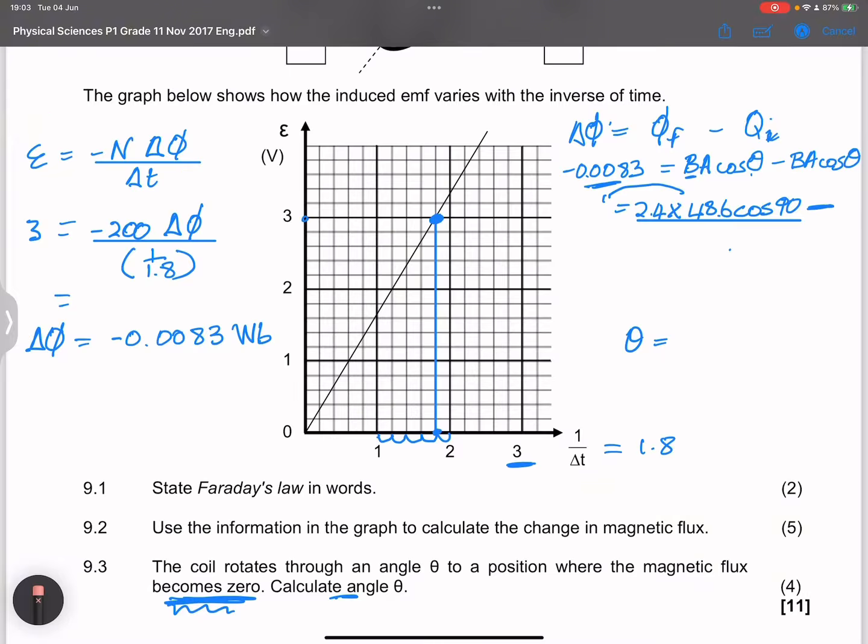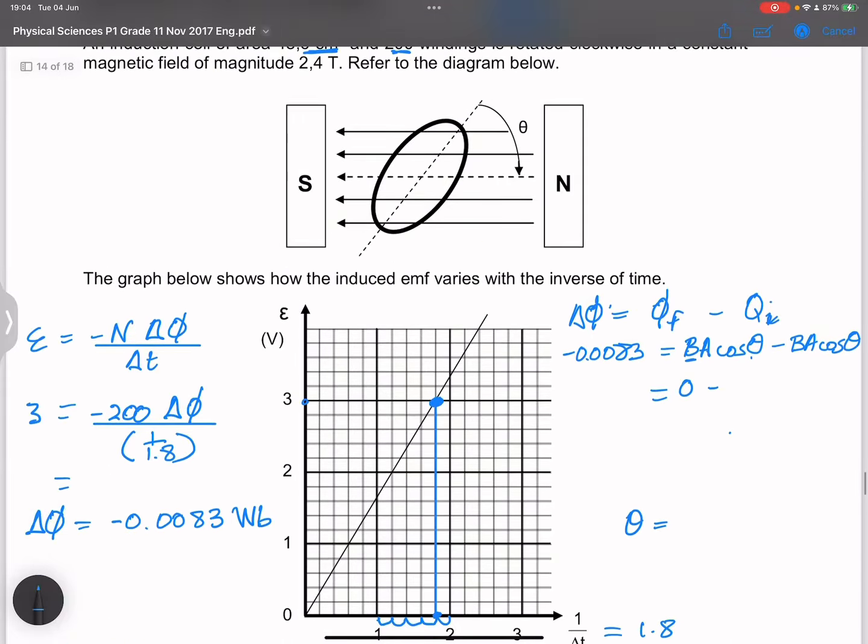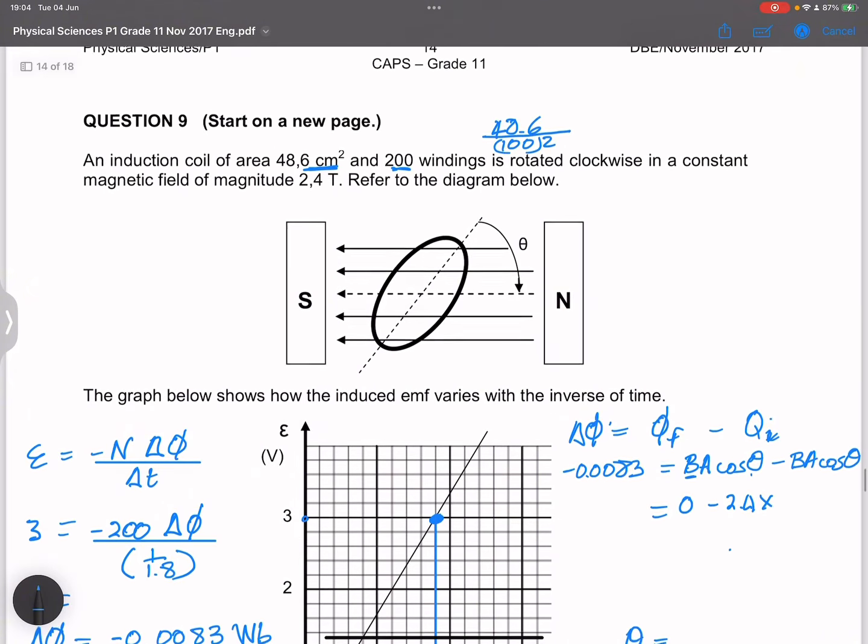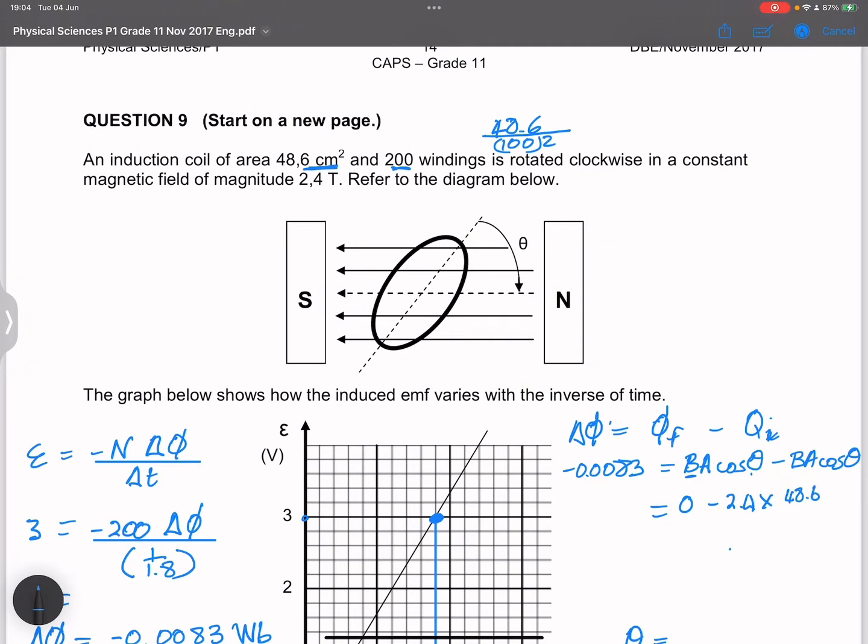So I'm going to take that and actually have, so that's 0.083, right? Remember this gave us 0. That's minus, now we said that's 2.4 times 48.6 divided by 100 squared. All right, and this is going to be the cos of theta. Right, so let's do that quickly, ladies and gents.